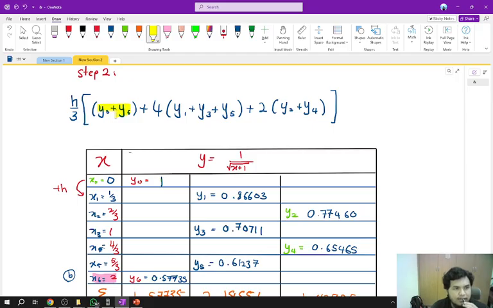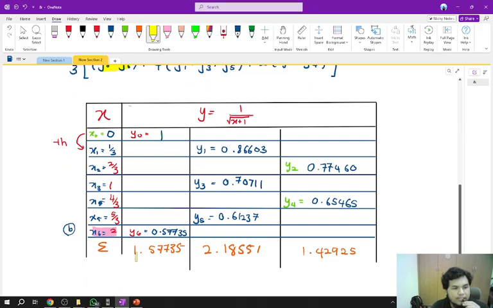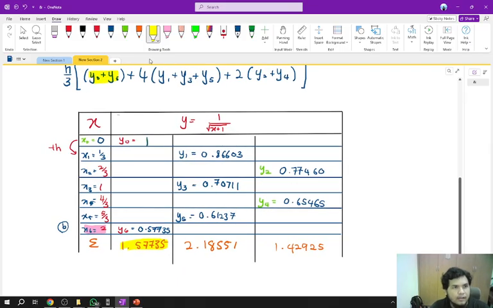Alright, so the three columns are actually for the three parts of the equation. So this is the value for the yellow part, and the pink one for the odd numbers, and the green part is for the even numbers.